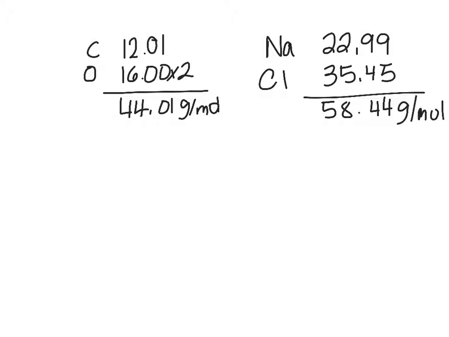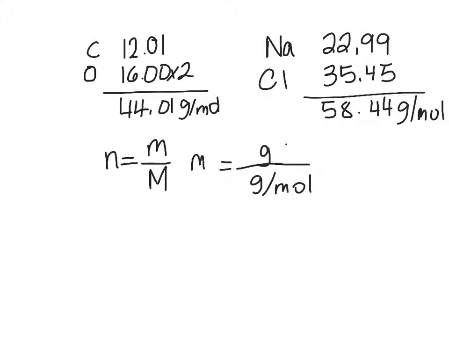The amount of a substance, moles, the mass, and the molar mass are related to each other through the equation n is equal to mass divided by molar mass. So this means, what's the unit for mass? Grams. So basically we've got grams divided by grams per mole.